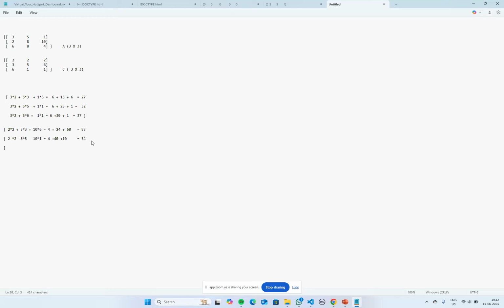Then we have the next row, 2 into 2, plus 2 into 6, no, it's 8 into 6, right? Yes, 8 into 6, plus 10 into 1. So that is equal to 4 plus 48 plus 10.